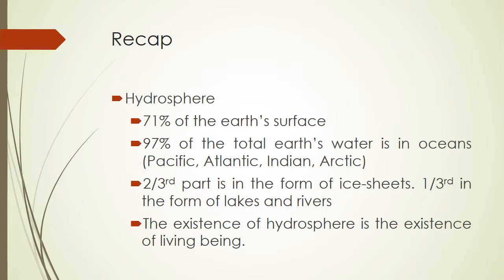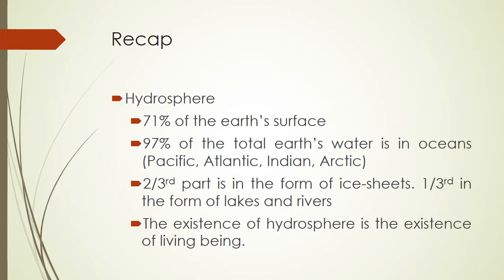After lithosphere, we studied about hydrosphere. So if 29% of the earth's surface is lithosphere, what about the other 71%? It is made up of hydrosphere. All the water resources that we find on earth is a part of hydrosphere. So out of all the water resources, 97% of the total earth's water is in oceans.